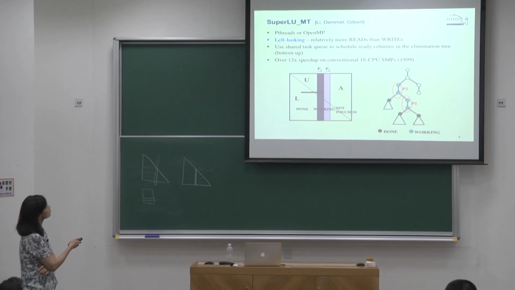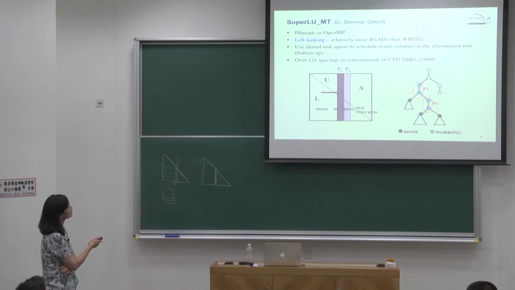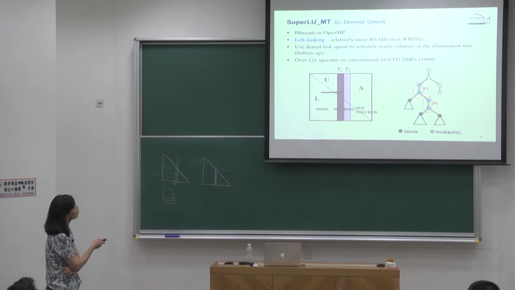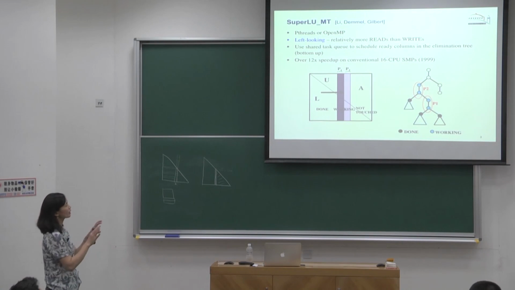So the question is, just look at this update. You have the piece of update from here to here, and also the piece of the update from this part to this light pink. They are independent, right? So what it means is that all the subtrees, the matrix corresponding to those subtrees, can be updated simultaneously to here and simultaneously to here. They are not dependent. You don't have concurrent write. But then look at the matrix here.